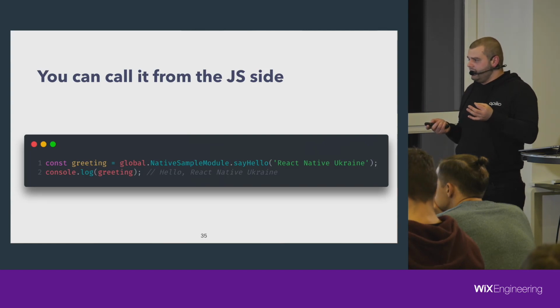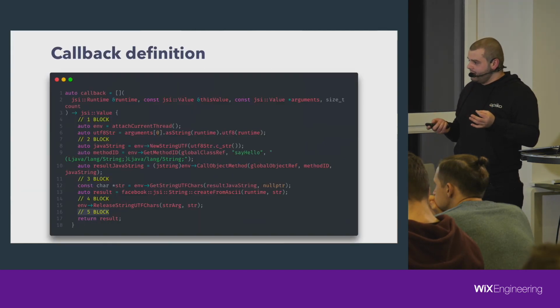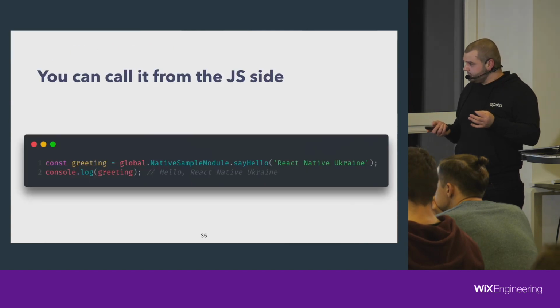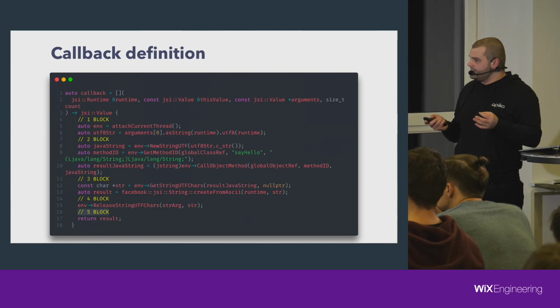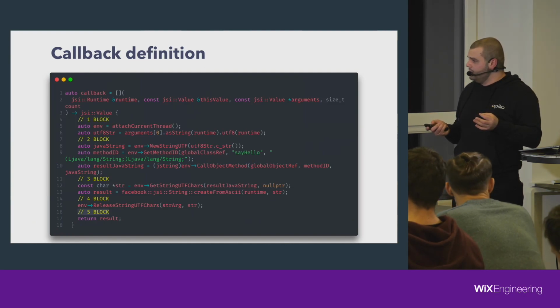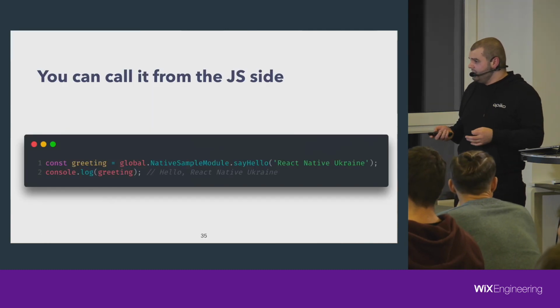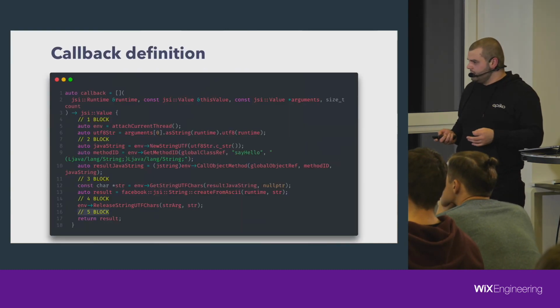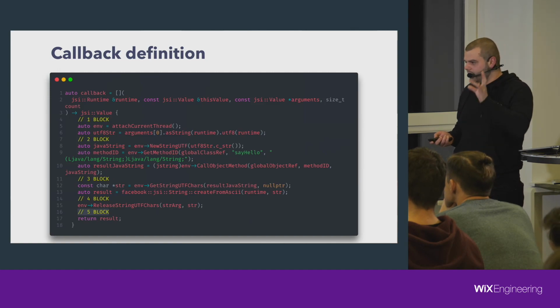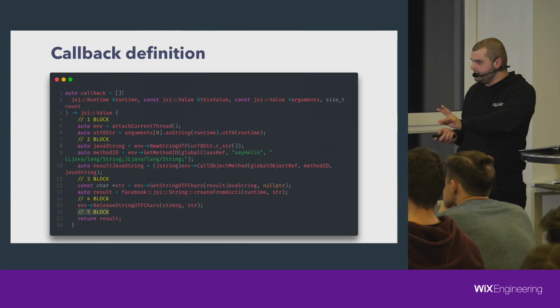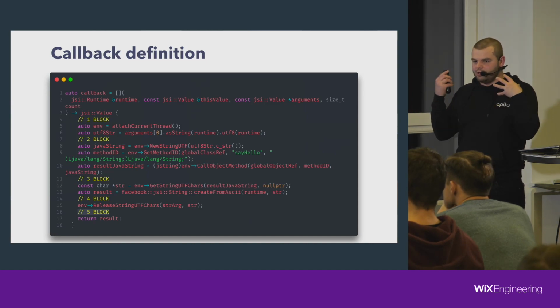Then sayHello, which is that callback. We pass some value that is accepted in that arguments array, and we use it right here. And it returns something. You can see that at the end of the method we have return result, and it's the JSI string. JSI string means a JavaScript string.